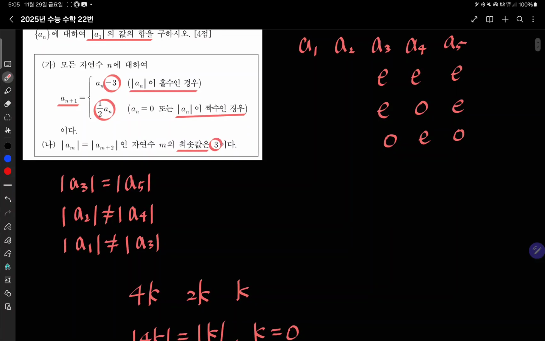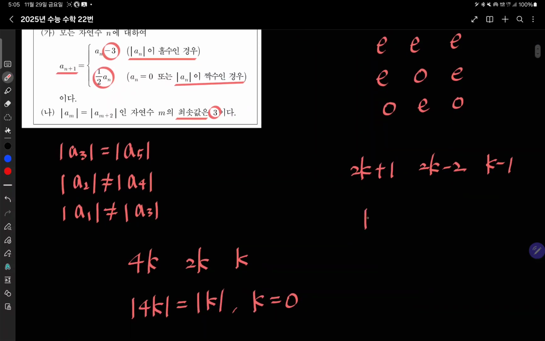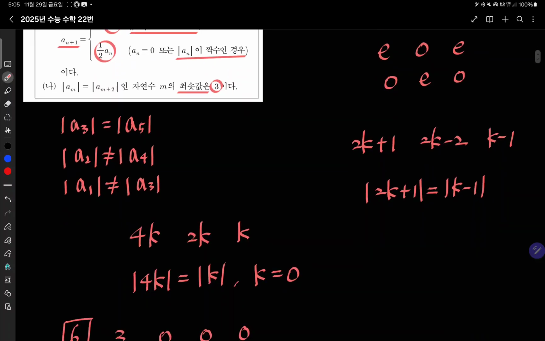So in this case, if the third term is 2k plus 1, the fourth term is 2k minus 2, and the fifth term will be k minus 1. So the absolute value of 2k plus 1 is equal to the absolute value of k minus 1. So satisfying this equation, the value of k is minus 2 or 0.